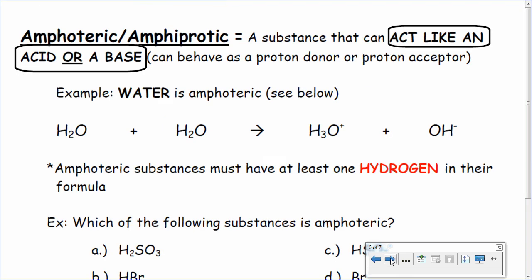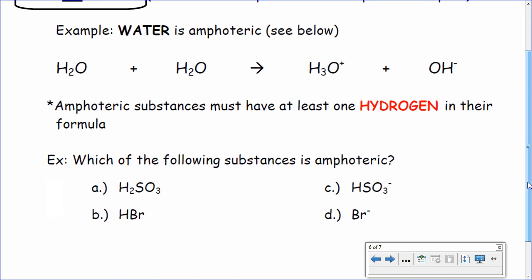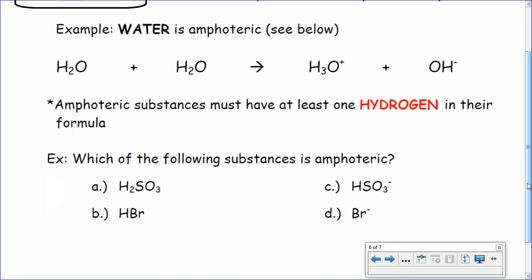With Bronsted-Lowry theory, all you really have to know is that acids are proton donors, bases are proton acceptors. Amphoteric, or amphiprotic, describes a substance that can act like an acid or a base. This is what I just mentioned when I said water. Amphoteric is the word that means water can play both games. Water is amphoteric, see below, because with H2O plus another H2O, I could get H3O on one side, so that would be the acid and its conjugate base there.